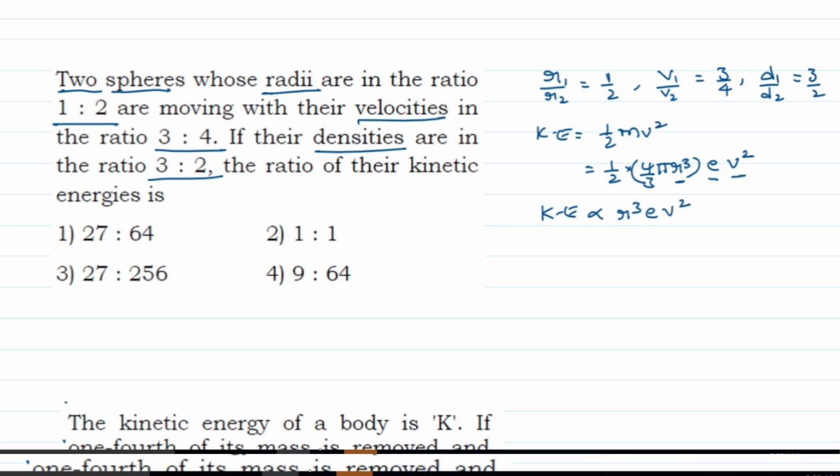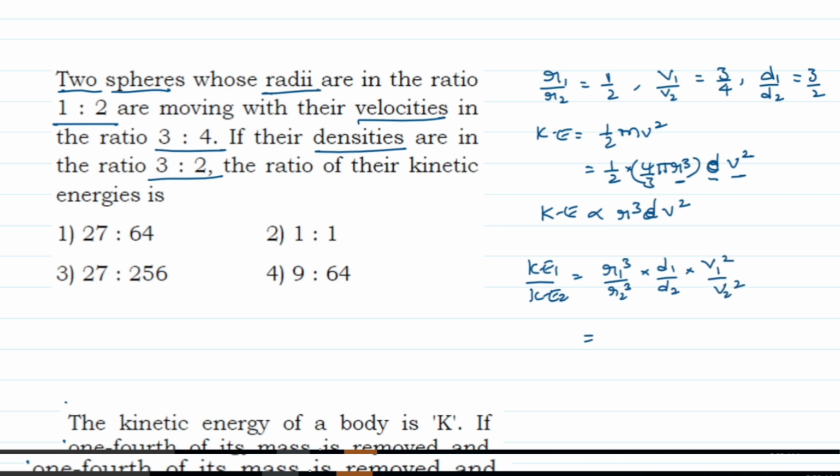Now with two values given, KE1 by KE2 equals r1 cube by r2 cube into d1 by d2 into v1 square by v2 square.